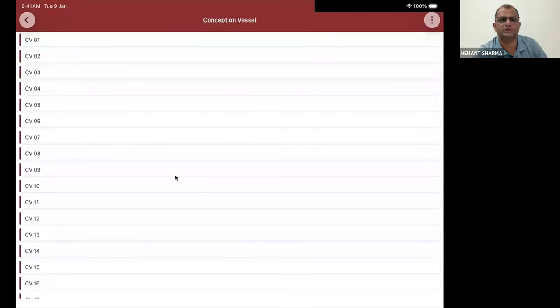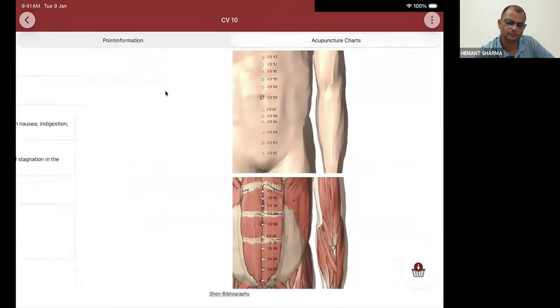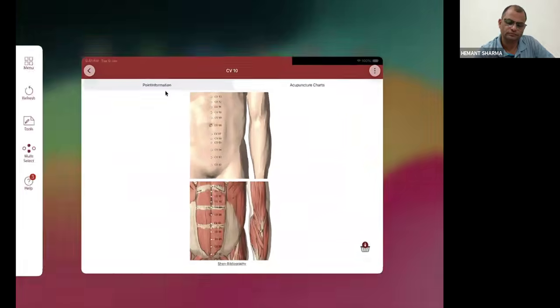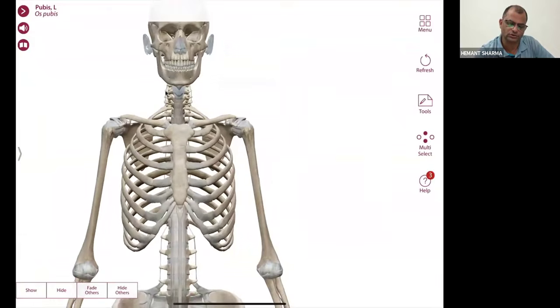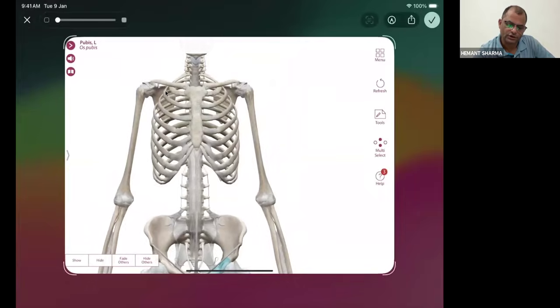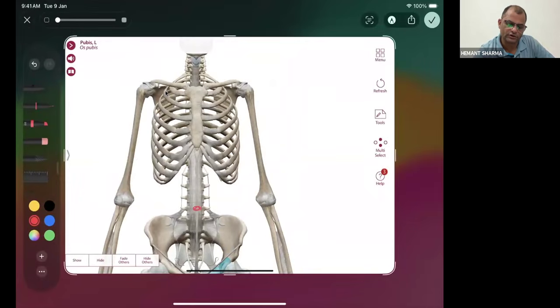इसका मतलब हम क्या समझे? CV12 is central. हम ये समझे, what we have understood: this is the navel and this is the G sternum.